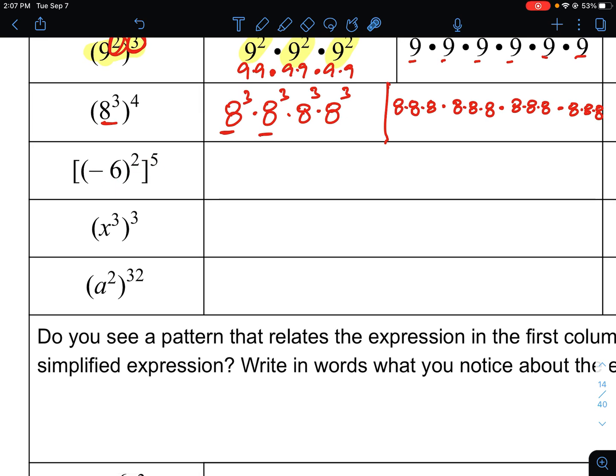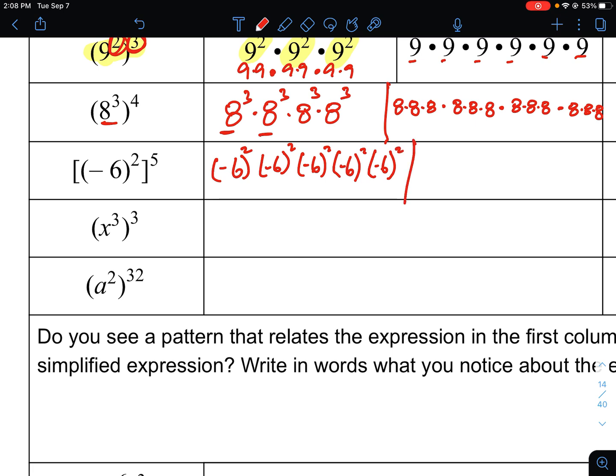This one looks weird, but don't worry. It is basically just -6 squared, 5 times. Remember, we've got to put it inside parentheses. So that's 2, that's 3, that's 4, and that's 5.